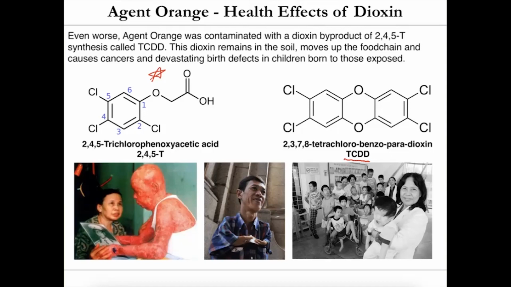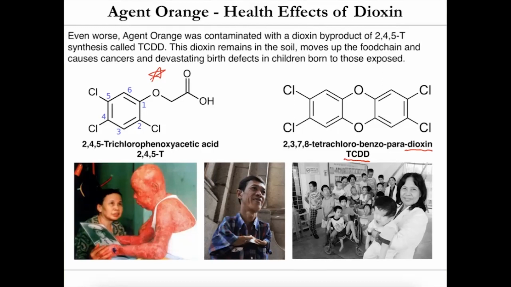So this is a dioxin molecule, which you might have heard of before. So dioxin is a known carcinogen, and it can get into the soil, and it's incredibly stable. It does not break down very easily. So it can remain in the water table, in the soil for years and years and years.